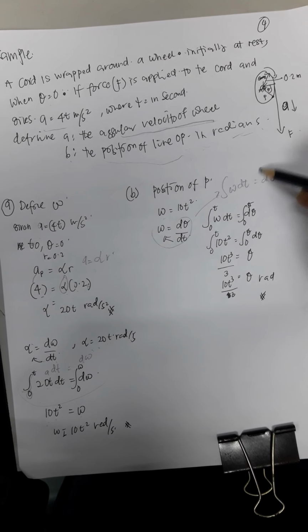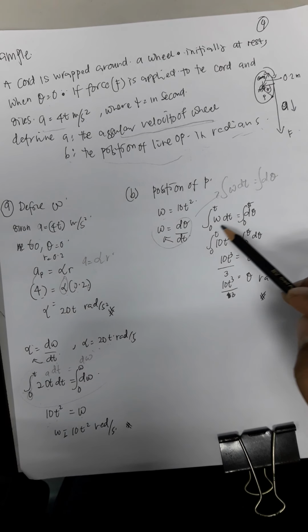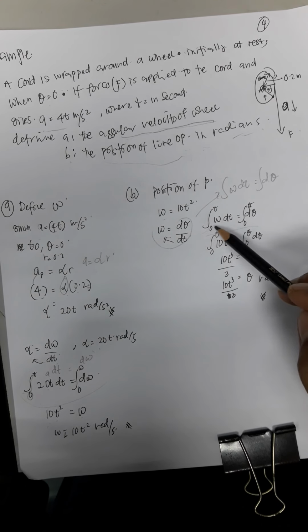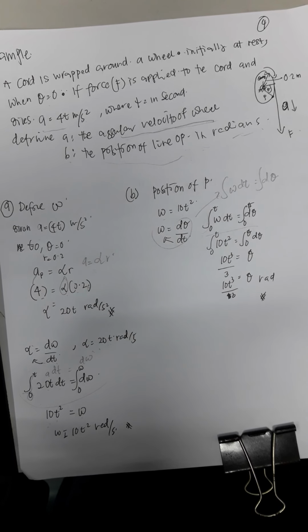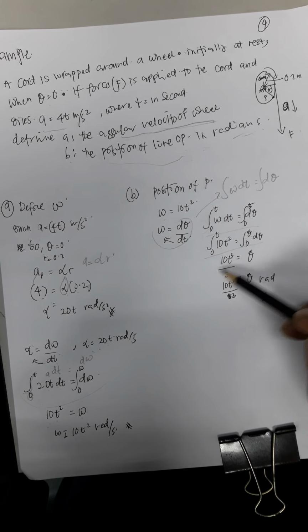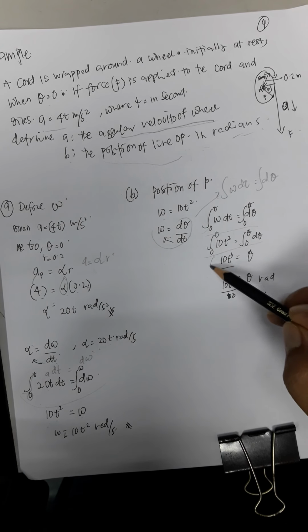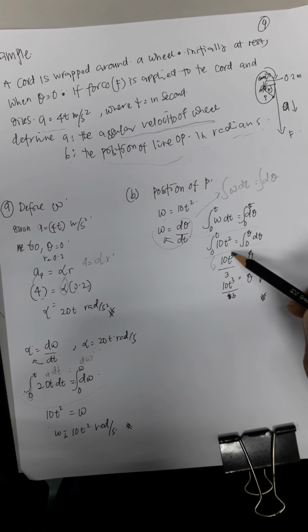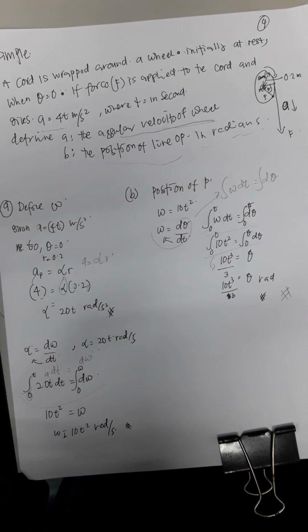Integrate both sides, from 0 to t for omega and 0 to theta over here. After the integration, the equation will be 10 t cube over 3 equal to theta. So this is the answer, and this is the example.